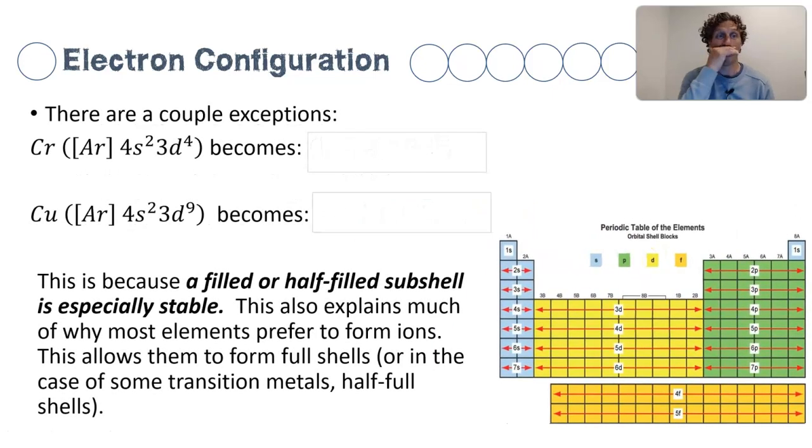Okay. Now, that's how electron configuration works. But there's always exceptions. Am I right? So let's think of something like chromium.